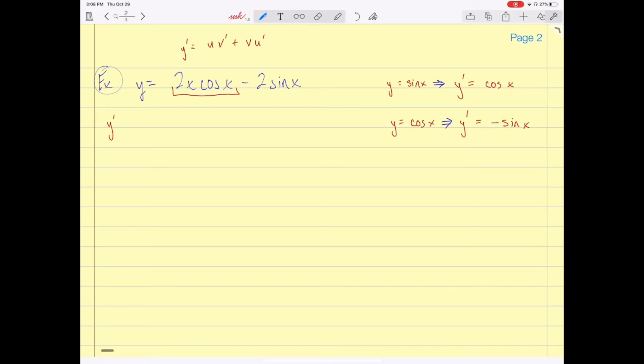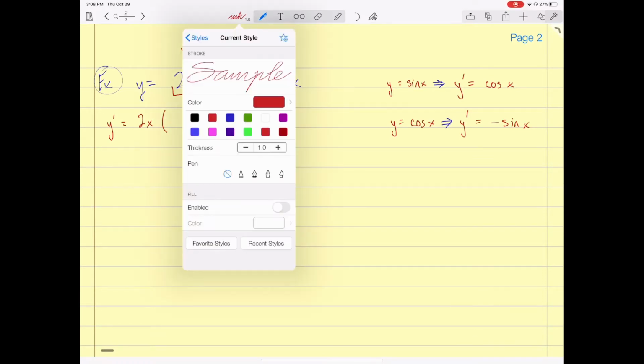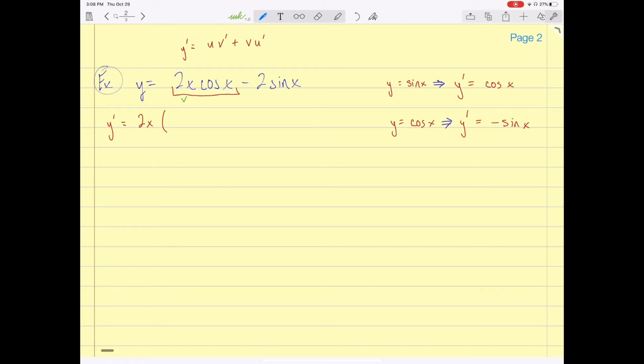That's where we'd use the product rule, because where it says minus 2 sine x, that's not a product, so we're not going to use it there. For this first part, we're going to use the product rule just on that. So u we leave alone, and then we multiply by the derivative of v. Just to be really clear, I am designating that as u and cosine is v.